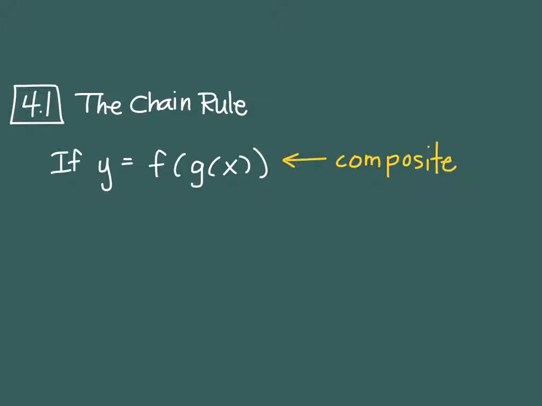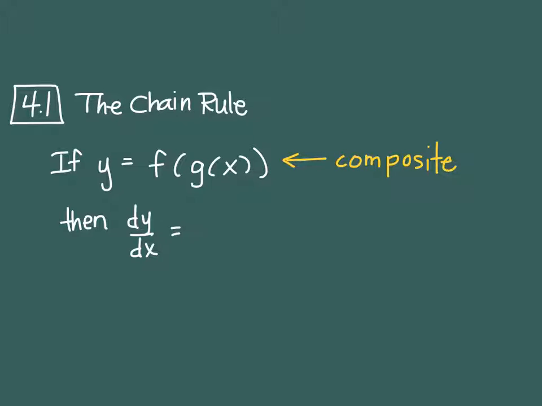So if you have a composite function, then the chain rule says that dy/dx. All right, which derivative do you do first? The outside. So f prime first. Or let's write it with Leibniz.